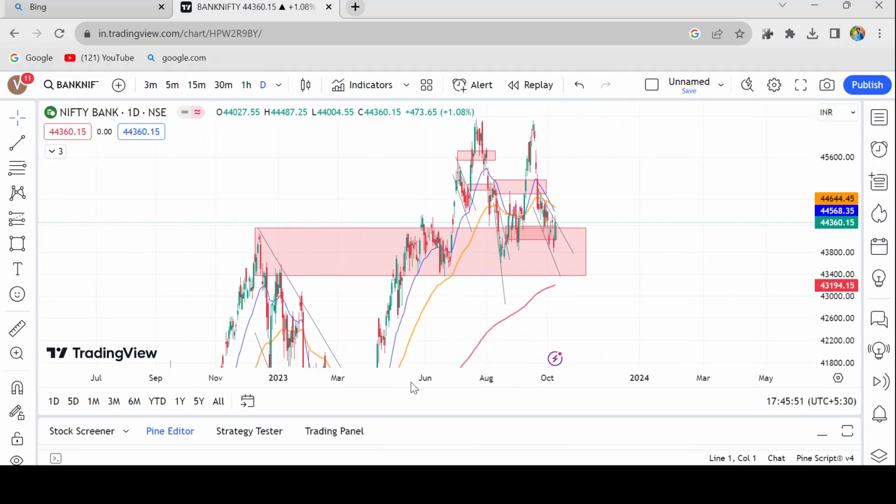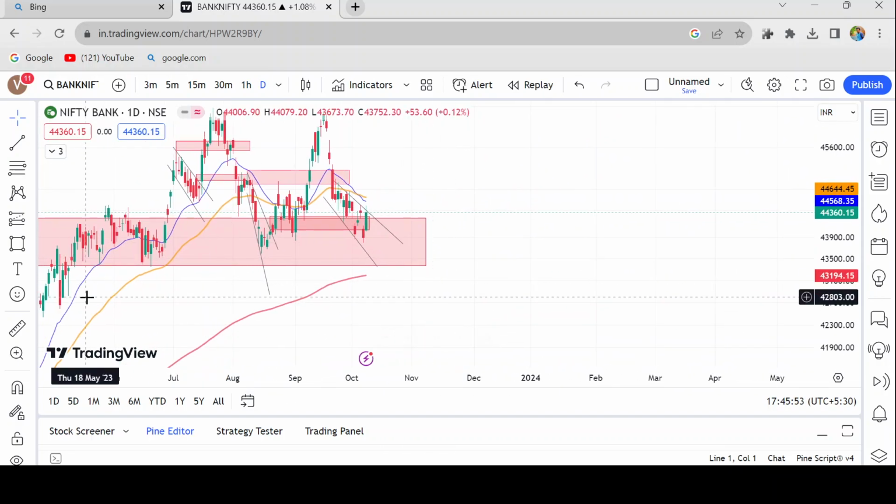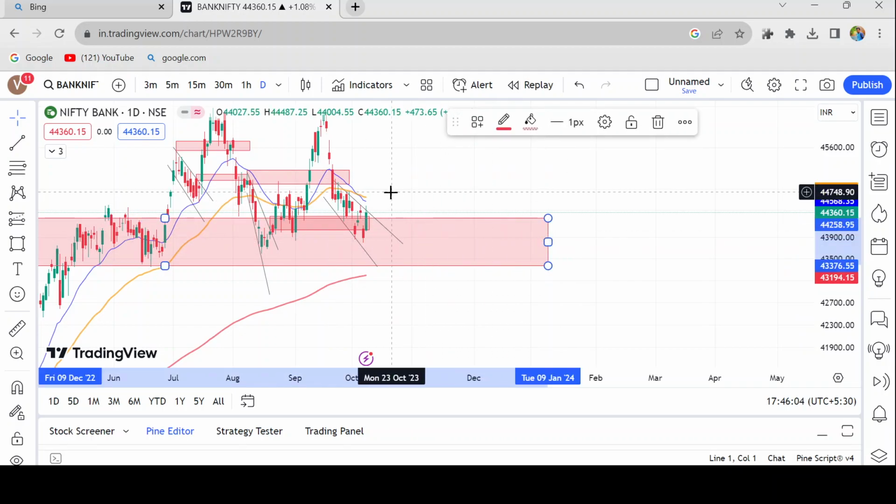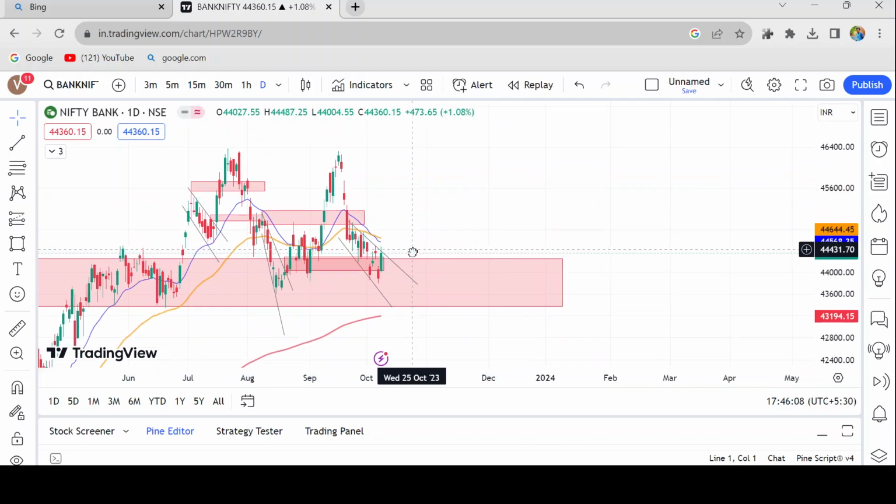So obviously there can be reasons that it can act as a major demand zone in the coming days, and it can make Bank Nifty bounce back in real time.